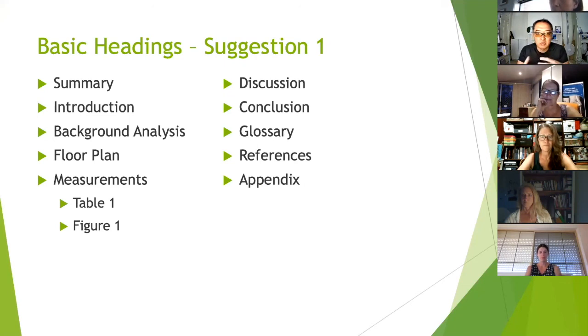So summary, introduction, background analysis being occupant background, building history, those sorts of things, a floor plan, and then measurements, and then ultimately a discussion. I should include suggested actions, and then conclusion, glossary. I missed out the duty of care there, and then references, appendix.